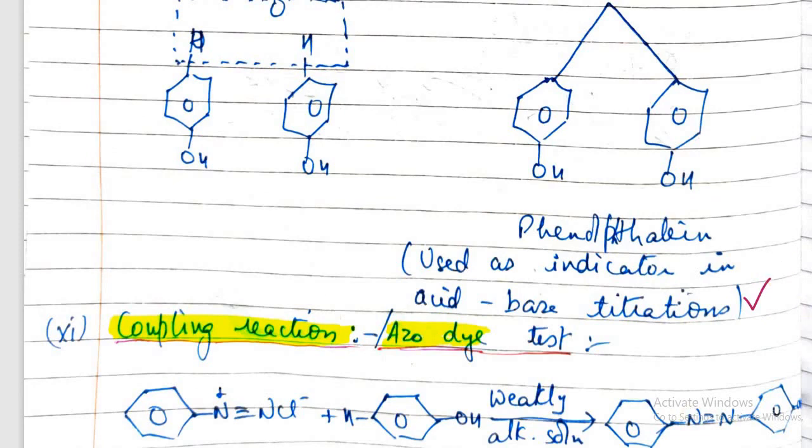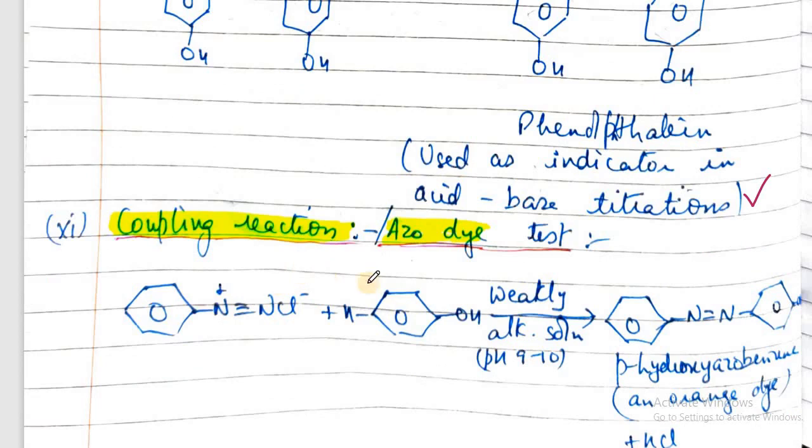Now the last reaction is the coupling reaction, or it is also called the azo dye test. In this, phenol is treated with diazonium salt. When it is treated with diazonium salt in weakly alkaline medium, that is at a pH range of 9 to 10, we get this azo dye of phenol.